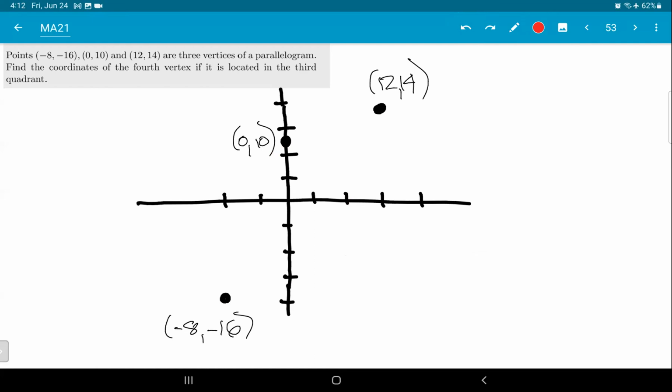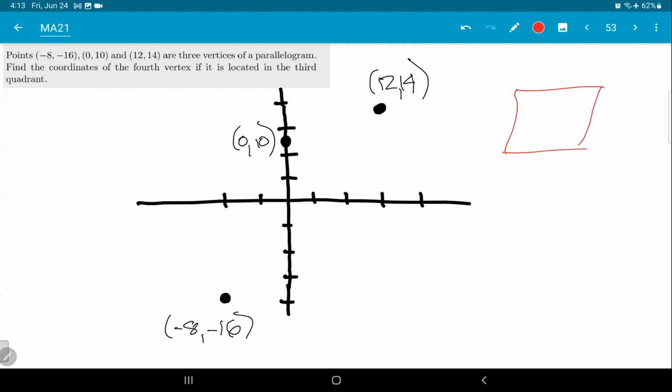Parallelogram, meron ba? Quadrilateral with only one parallel side. Kailangan opposite sides are parallel para maging parallelogram.